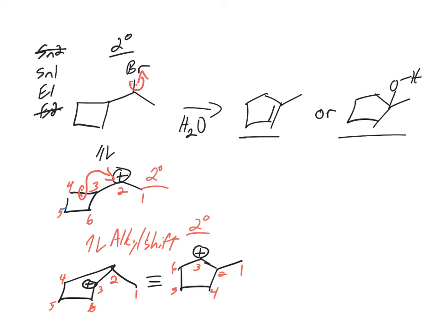Can I make this more stable? Yes. What can I do? Hydrogen shift from where? Carbon 2. All right, so another hydride shift. That's going to give us a tertiary carbocation.